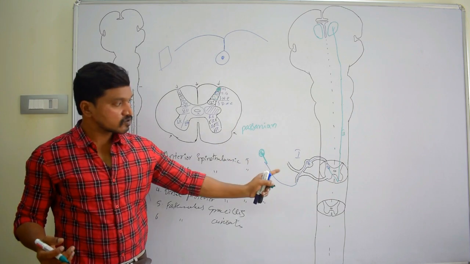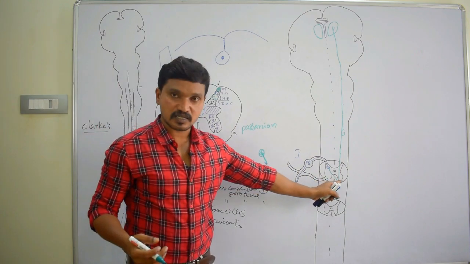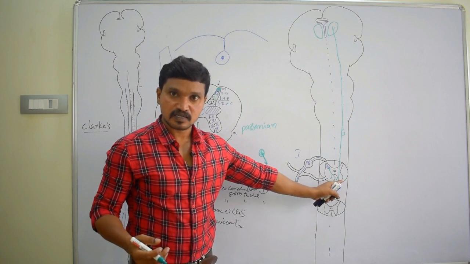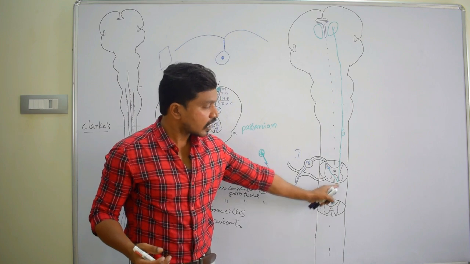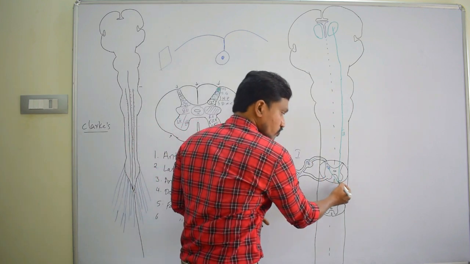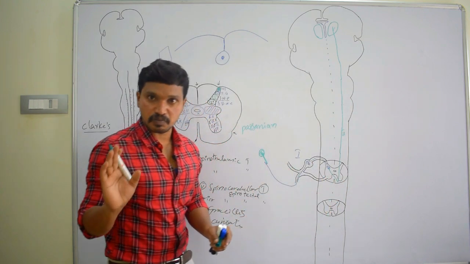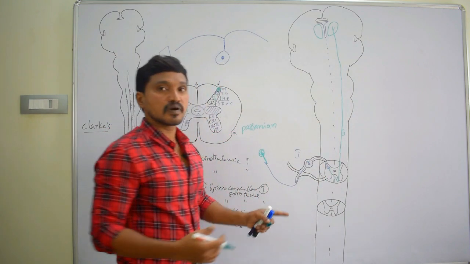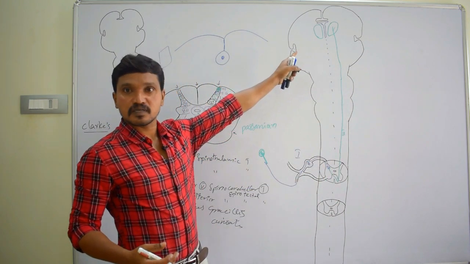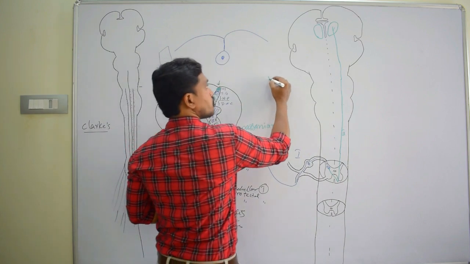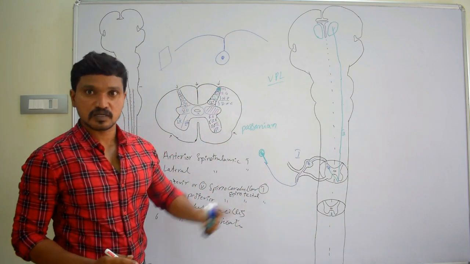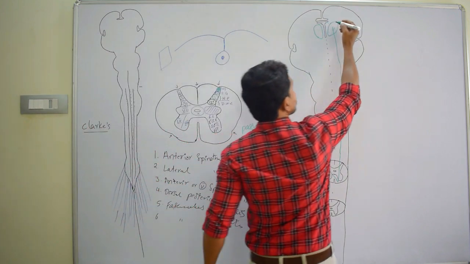Fibers from that nucleus cross the midline and reach the anterior white funiculus of the opposite half of the spinal cord. Then it ascends upward through the brainstem and reaches the thalamus, the VPL, ventral posterior lateral nucleus. It reaches the VPL nucleus.